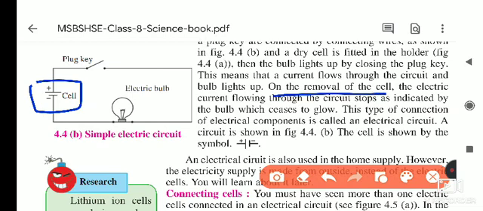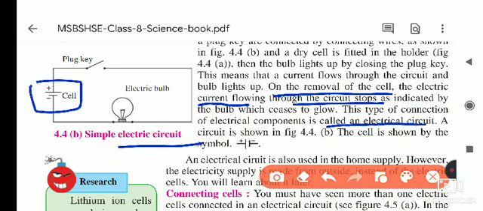On the removal of the cell, the electric current flowing through the circuit stops, as indicated by the bulb, which ceases to glow. The bulb is not glowing. This type of connection of electric components is called an electric circuit.